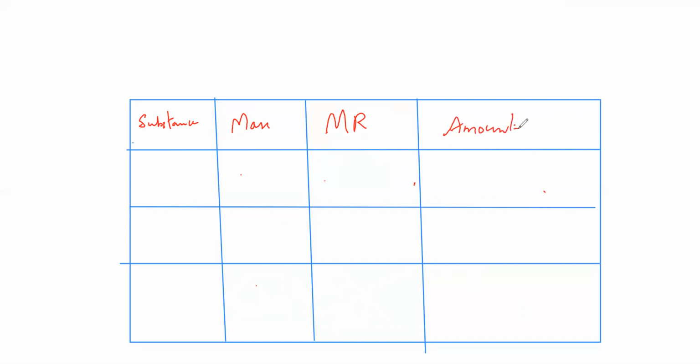If I am taking sodium hydroxide, NaOH, the mass is given as 80. MR is 40. So what is the amount in moles? That is nothing but 80 by 40, that is nothing but 2 moles respectively. That's all.